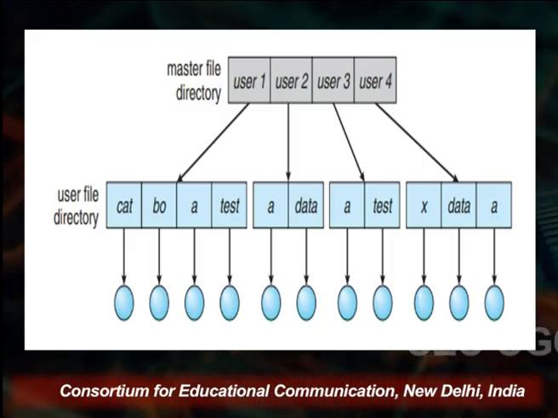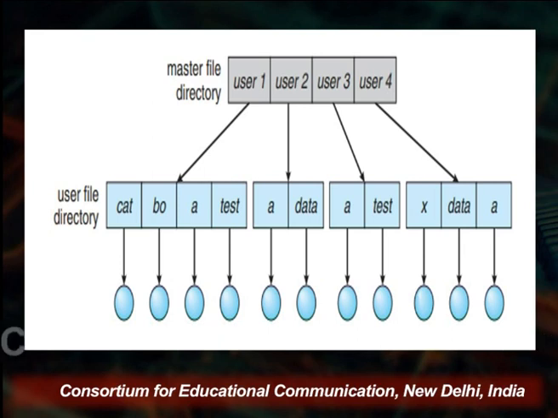To see a two level directory, let us look at the screen. We have a master file directory which has user 1, user 2, user 3, user 4 all combined in one master file directory. Corresponding to user 1 we have different directories, similarly for user 2, user 3 and user 4, and within those directories users are supposed to store their files.